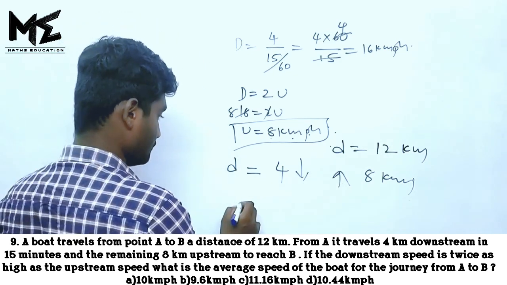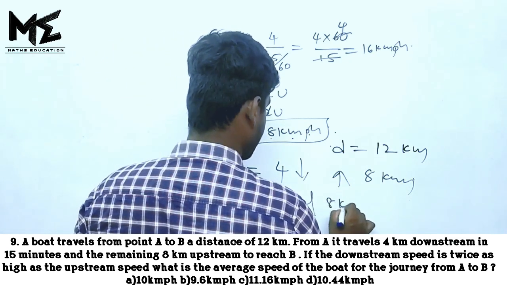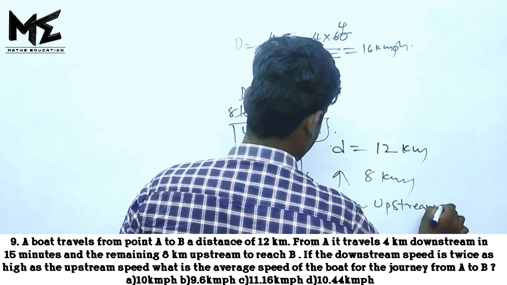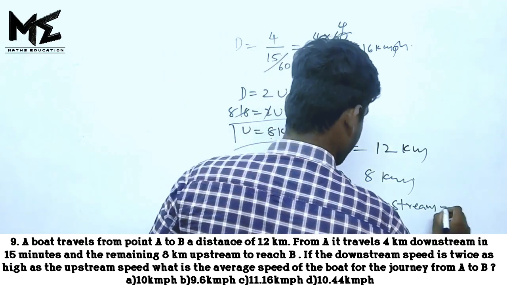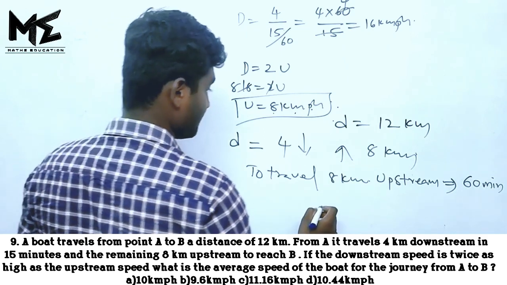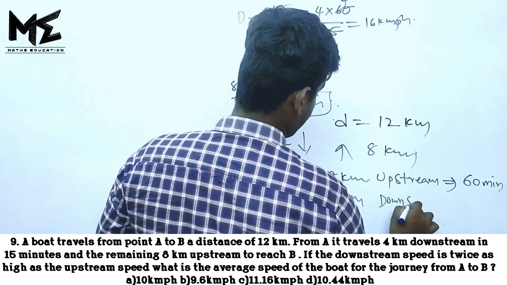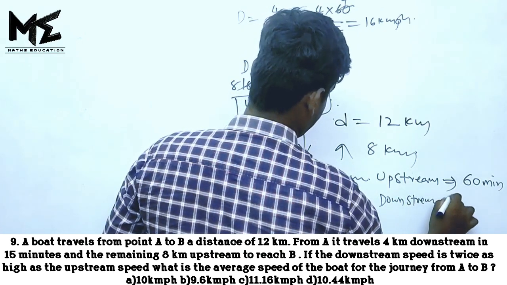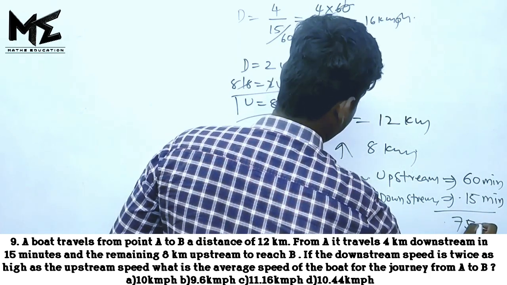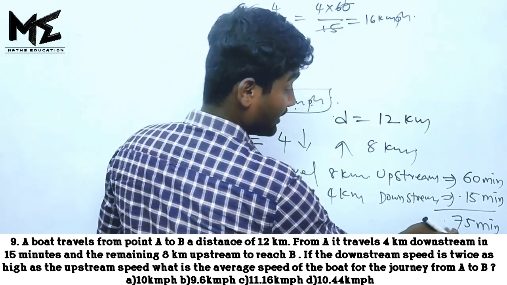So to travel 8 kilometers upstream, we want 60 minutes. 4 kilometers downstream, 15 minutes. Total 75 minutes. So we have total for the journey 75 minutes.